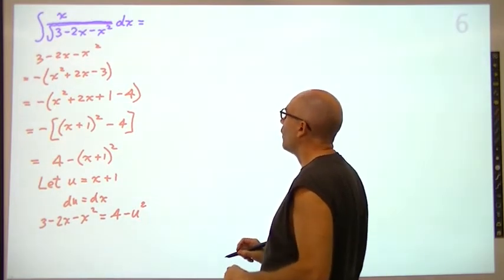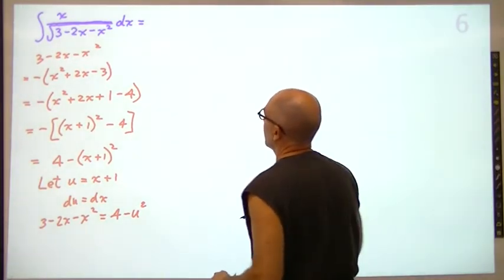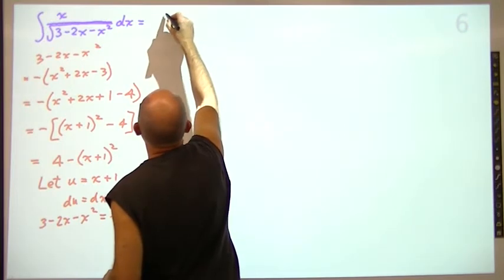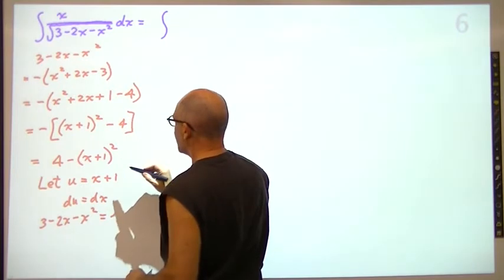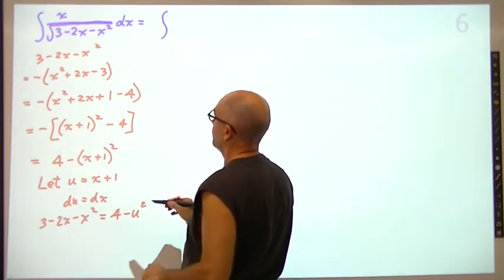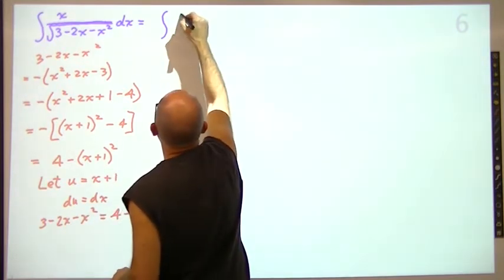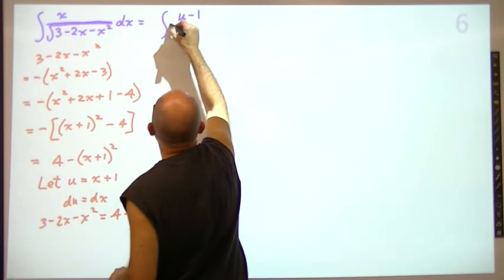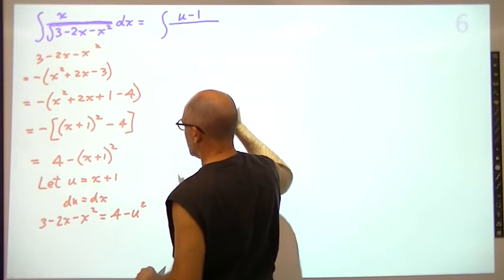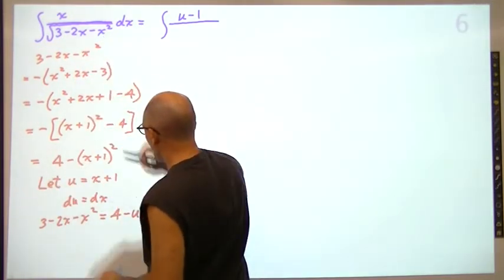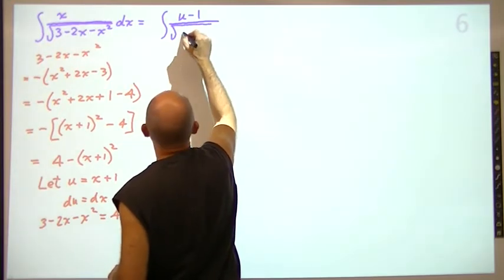Now this makes our whole integral the integral of x, which equals u minus 1, and dx equals du, so I can put the du out there. And what's under the radical becomes the square root of 4 minus u squared.